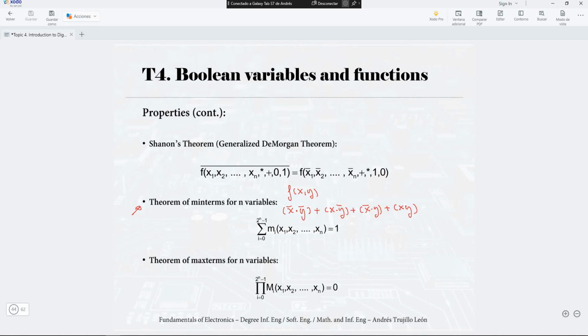For example, using the distributive property, I can extract negated x from this expression, and non-negated x from these two expressions. So I can make this.